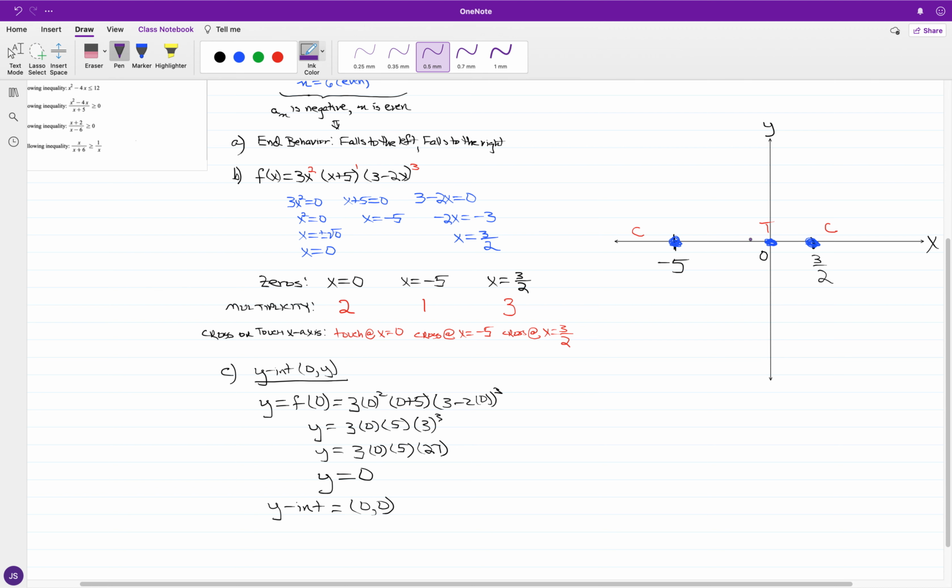So you start with the extreme left and right zeros, falling to the left, and at 3/2, the graph is falling to the right.